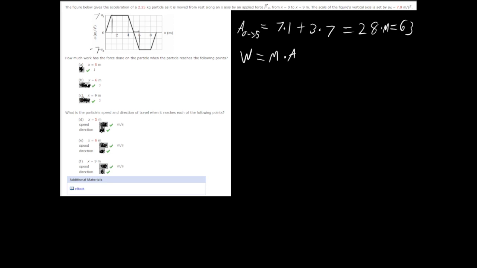So base times negative 7, that would be negative 7 over 2. So we would do 28 and subtract this. So that would be 49 over 2, which would be 24.5 times 2.25, because mass times the area.